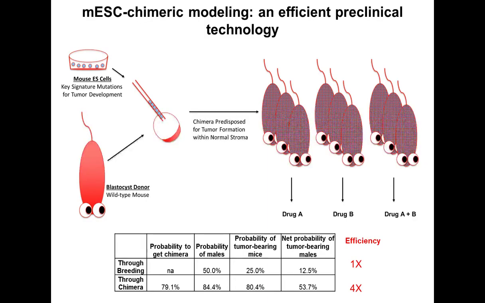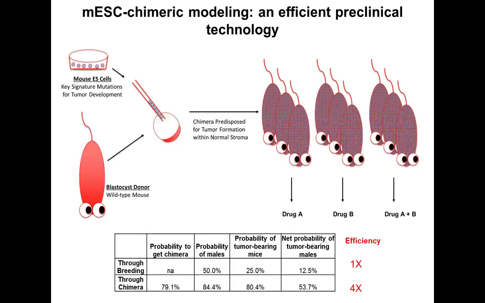And then we isolate stable embryonic stem cells from those mice. And then we inject those stable embryonic stem cell lines into blastocysts we isolate from wild-type mice, particularly the albino B6 mice. And then those chimera blastocysts will develop into chimera mice that have those incorporated embryonic stem cell lines.